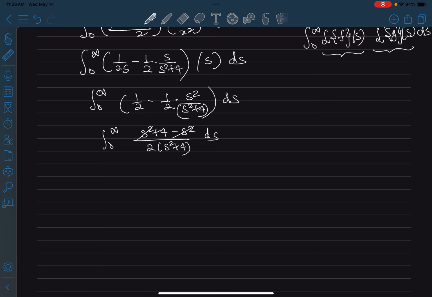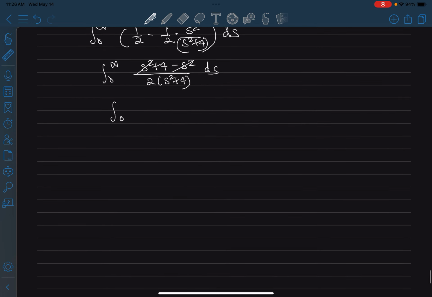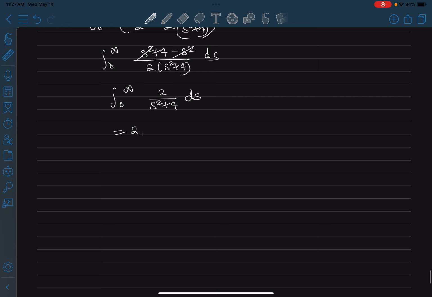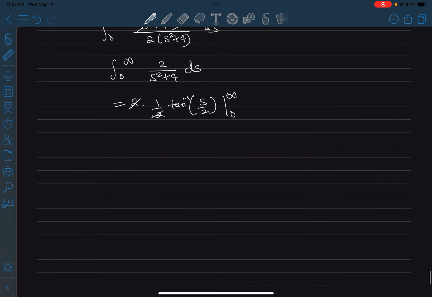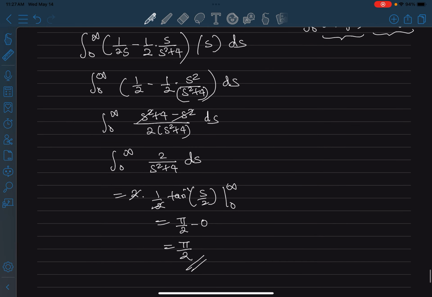S square cancels out, and that's really nice. So we now have 2 by s square plus 4, ds, right? And this equals 2 times 1 by 2 tan inverse s by 2, from 0 to infinity. The 2 cancels out, and tan inverse infinity is pi over 2 minus tan inverse 0 is 0, so this gives us pi over 2. And that's how you can easily solve this integral.